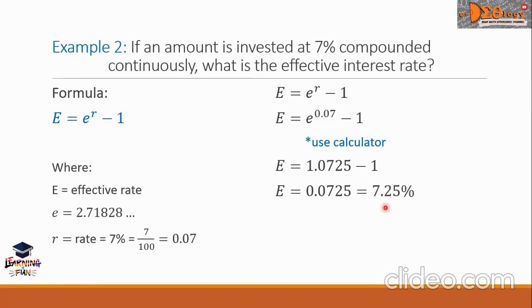This is our effective interest rate. Remember, we are using this special formula because the principal is compounded continuously. And the 7.25% is our final answer.